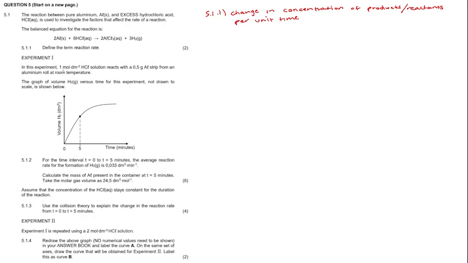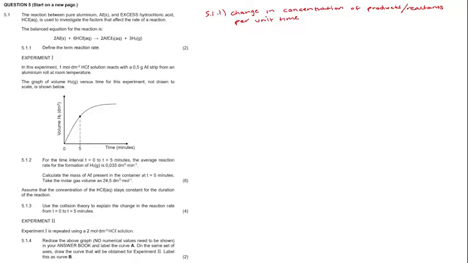Experiment 1. In this experiment, 1 mole per decimeter cubed hydrochloric acid solution reacts with 0.5 grams of aluminium strip from an aluminium roll at room temperature. The graph of volume of H2 versus time for this experiment, not drawn to scale, is shown below. Question 5.1.2.